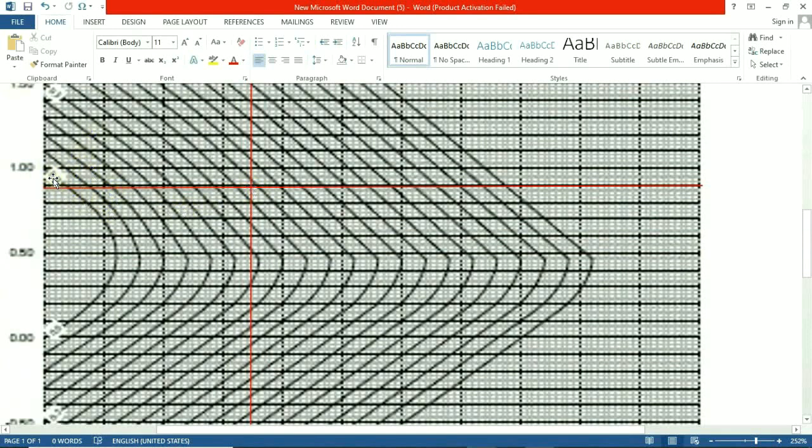It is 0.0, 01, 02, 03, 04, 05, 06, 07, 08, 09. It is between 08 and 09, around 0.85.